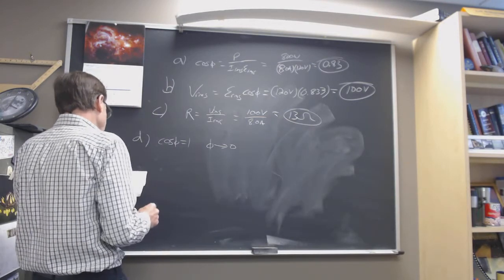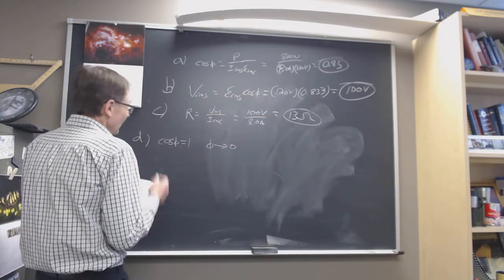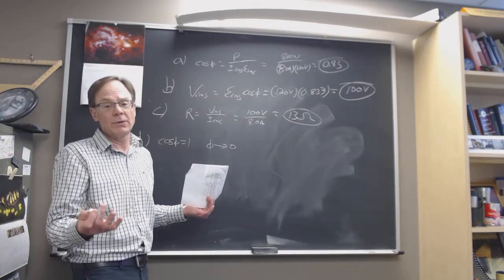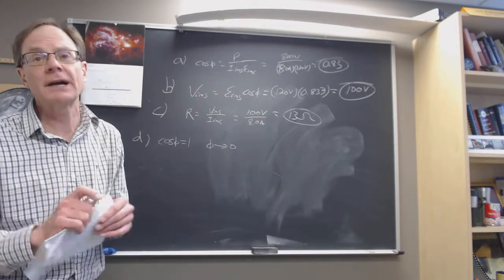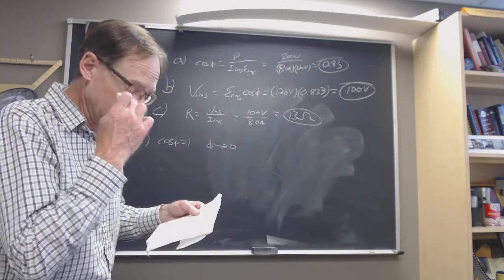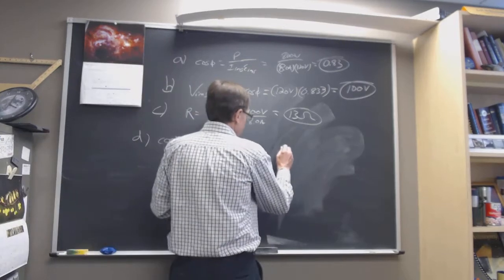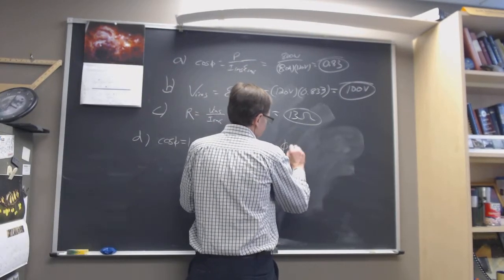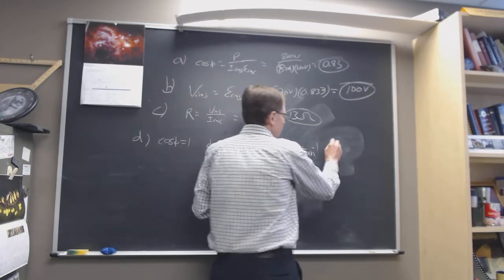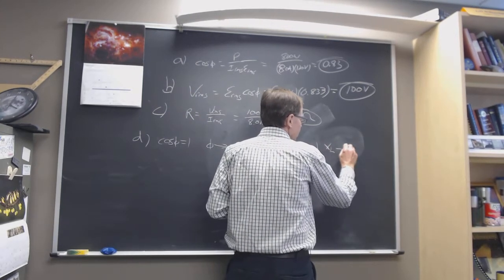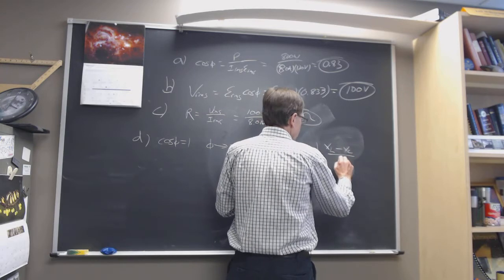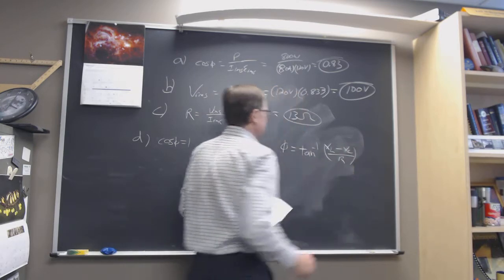What we can look at there is what we have right now. Remember that phi is the tan inverse of the inductive reactance minus the capacitive reactance, divided by the resistance in the circuit.